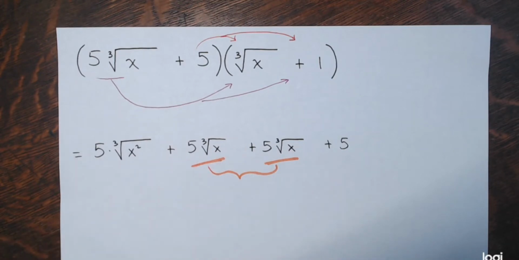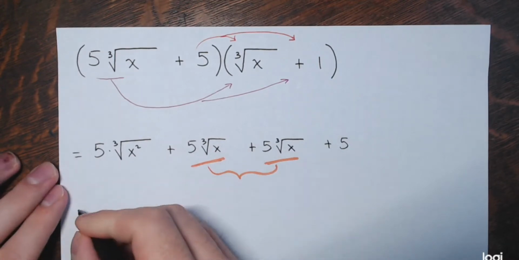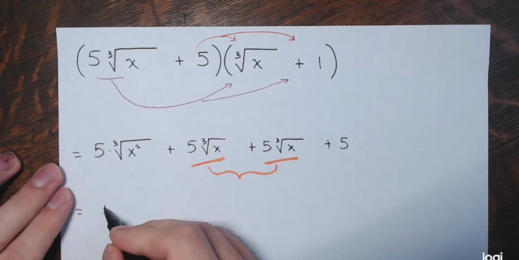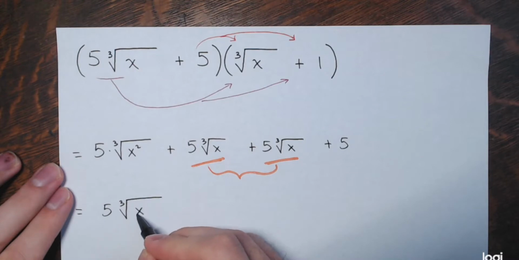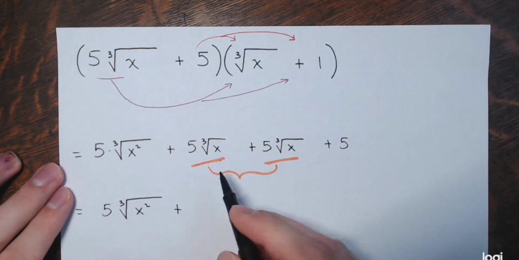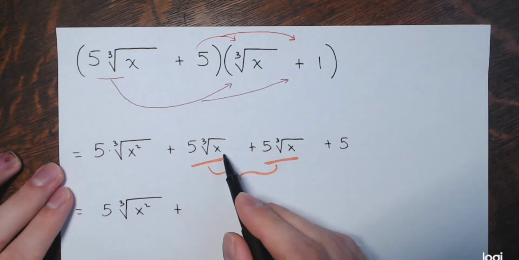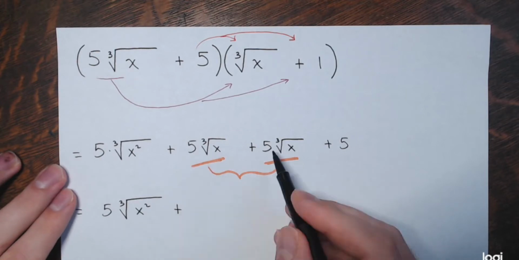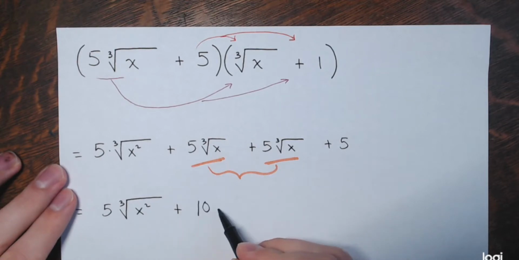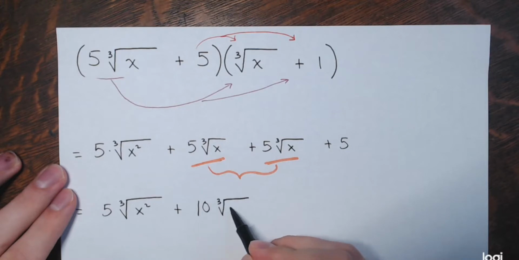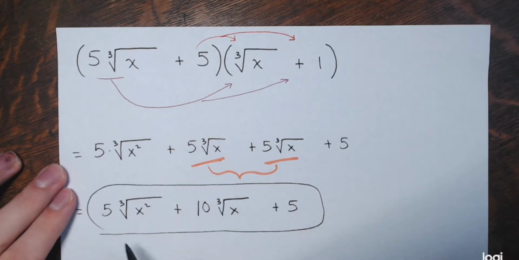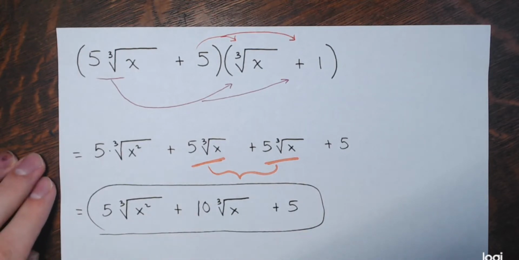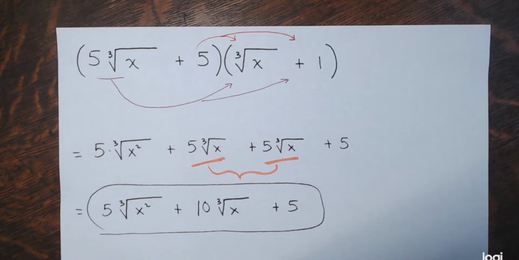So the only two terms I'm combining are these two middle ones. So we end up here with 5 times the cube root of x squared plus, and then putting these together, 5 of something plus 5 of something is 10 of that thing. That's 10 times the cube root of x, and then plus 5. And that's it. That's as simple as that expression will get. There are no other like terms to combine.